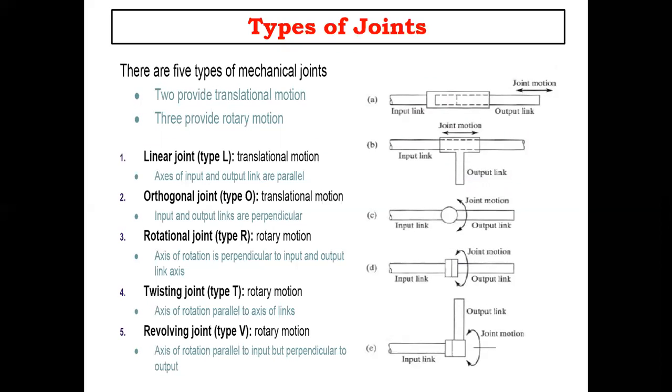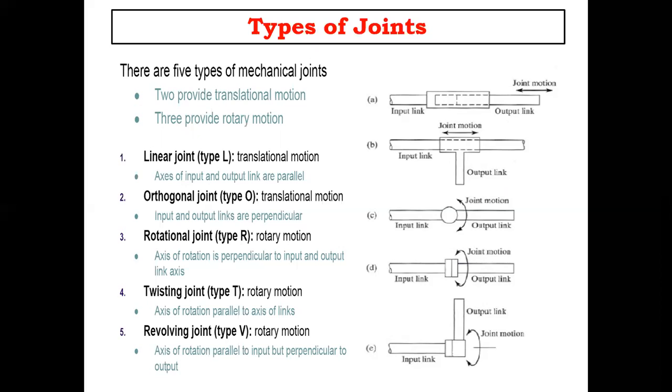If the arm rotates in an angular motion, that is rotary motion. Translation motion is linear motion, so forward, reverse, up and down like that. Translation motion has two subtypes: one is linear joint, another one is orthogonal joint.